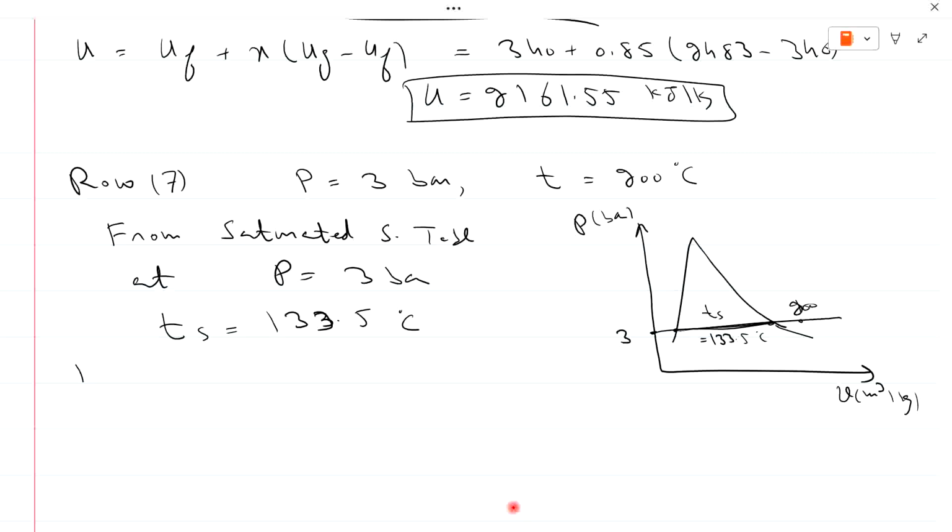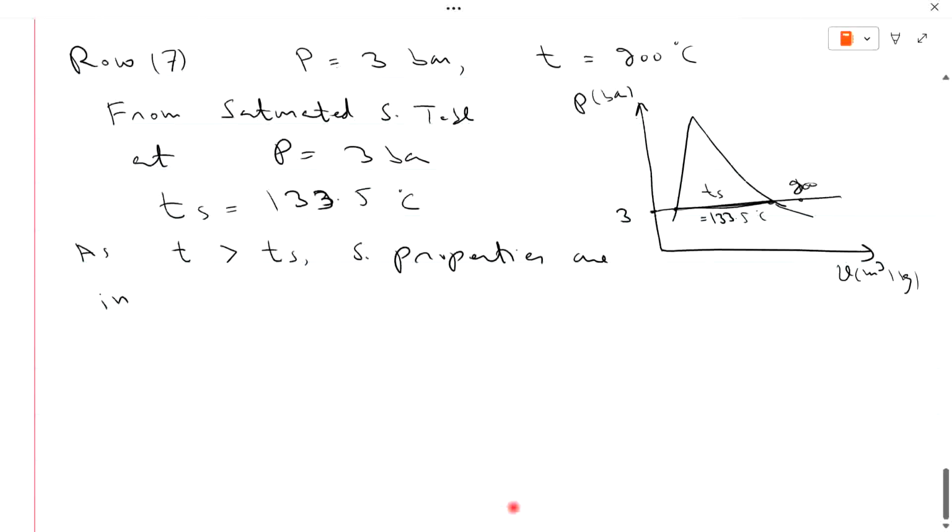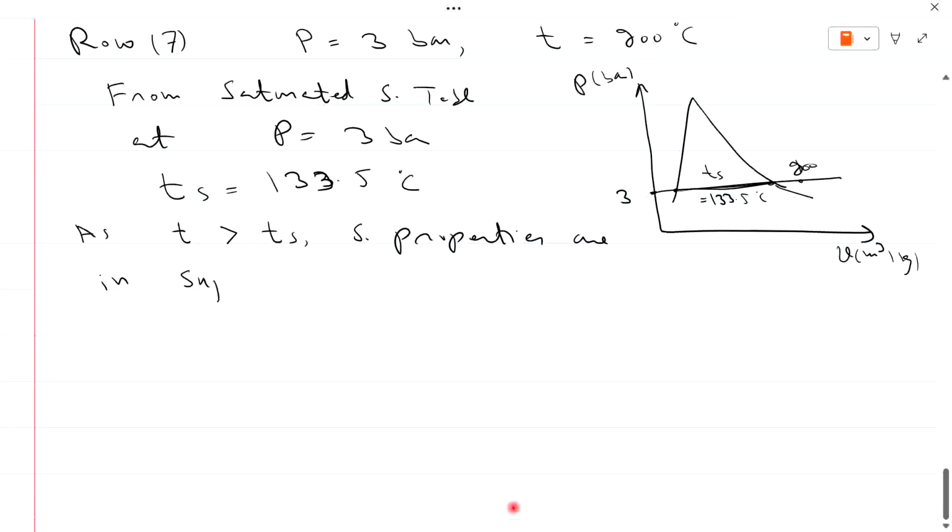So as T is greater than Ts, properties are in superheated region. So we will use superheated steam table.